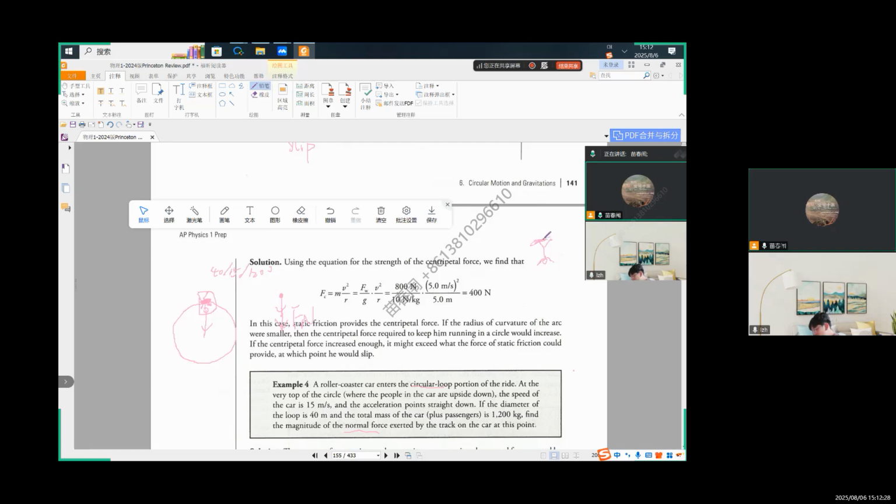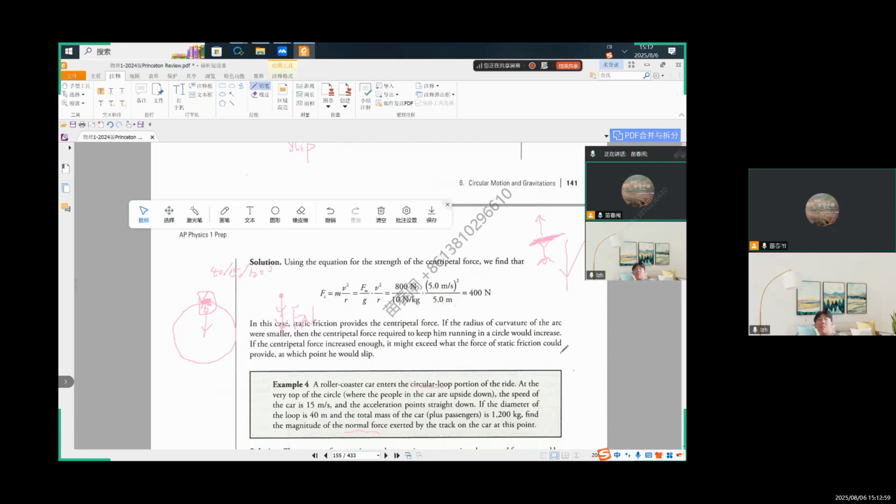The track is here, so it can only give a normal force in this direction, right? You can't really ask the track to give you a force in this direction, it doesn't make any sense, because the track is in here. So the only right way to draw this is the normal force down. Is it making sense?